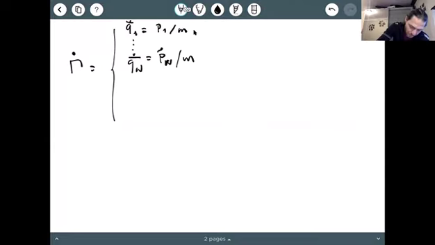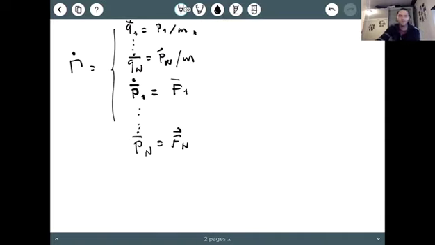And then I want p1 dot is equal to. Now, p1 dot is mass times the time derivative of velocity, which is basically mass times acceleration. And therefore, we would very much like to write force acting on particle 1, force acting on particle n, which is what we have in mind if we want to be consistent with Newton's equation.